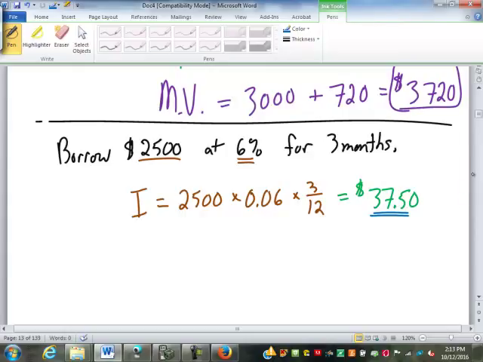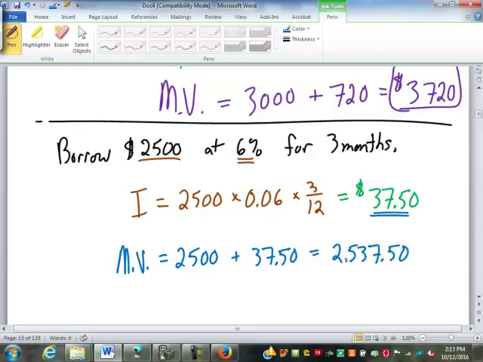Now, if they were to ask us how much I have to pay back at the end of the 3 months, that would be my maturity value. The $2,500 of principal plus the $37.50. So $2,537.50 would be the maturity value.